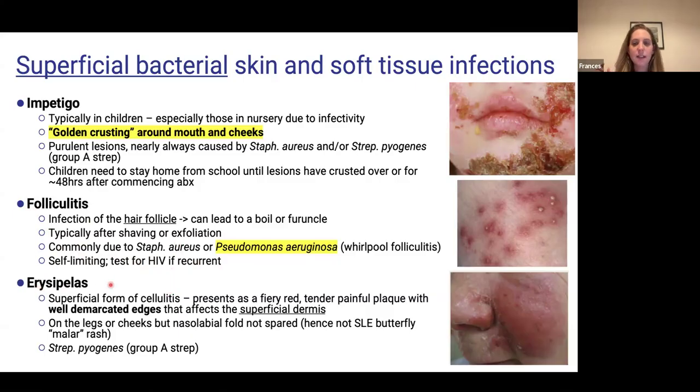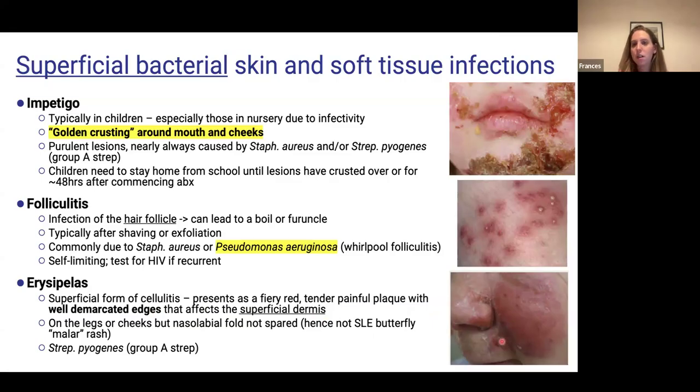Then erysipelas, as I said, this is really in the superficial dermis or the deep epidermis. And you can think of it as being a superficial form of cellulitis. So I think everyone knows cellulitis because they drill it into your brain. Erysipelas is effectively that, but just a tiny bit higher up in the skin. And you're going to get this fiery red, tender, painful plaque, which has a very well demarcated edge.